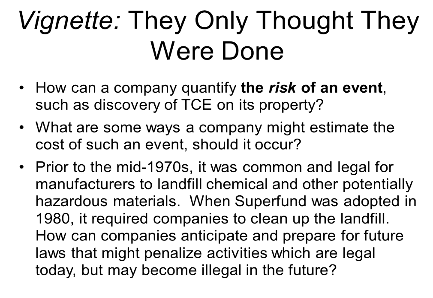Prior to the mid-1970s, it was common and legal for manufacturers to landfill chemical and other potentially hazardous materials. When Superfund was adopted in 1980, it required companies to clean up the landfill. How can companies anticipate and prepare for future laws that might penalize activities which are legal today but may become illegal in the future?